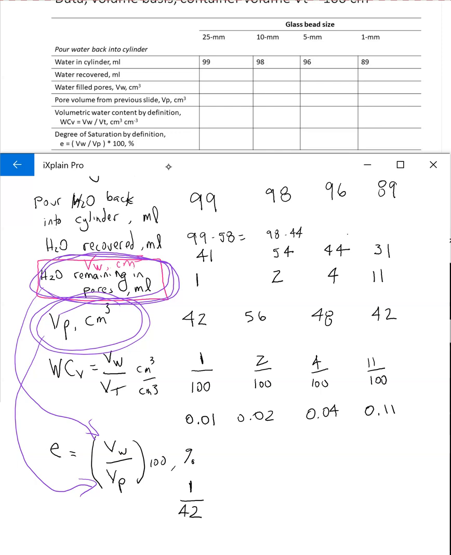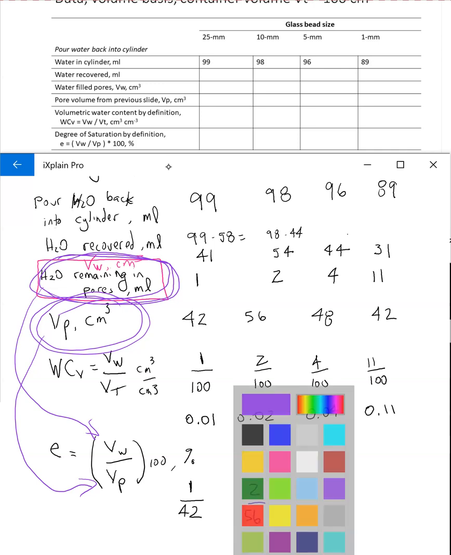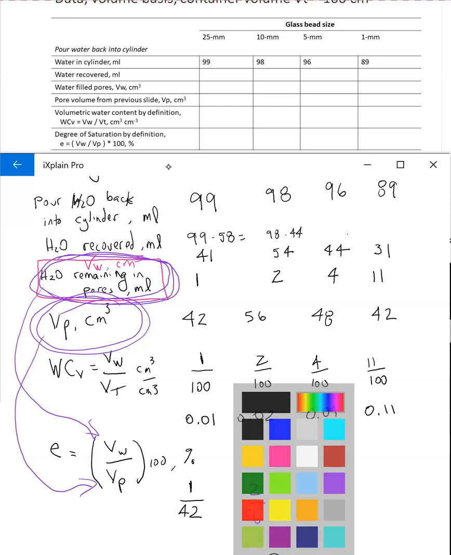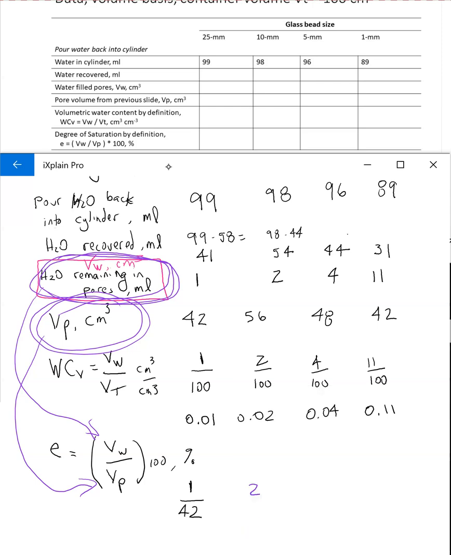We have 2 and 56. We have 4 and 48. And we have 11 and 42.